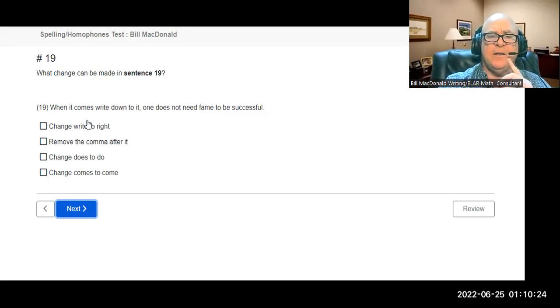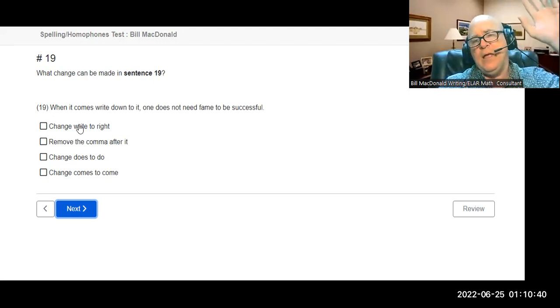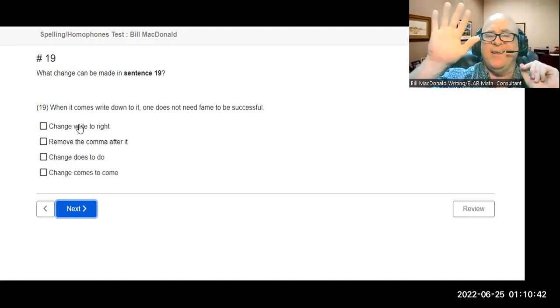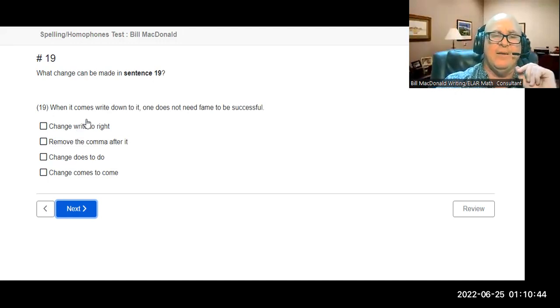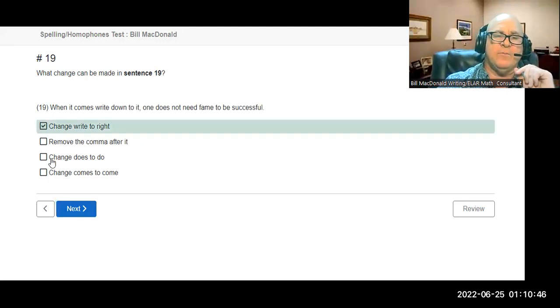So I can tell it's change right to right. And I'm holding up my right hand. So for you, it'll look like that. That looks like my right hand too, but it's the opposite. So you say, how many right with your right? Me. How many right with your wrong? No, your left. Me. So that's the correct answer.